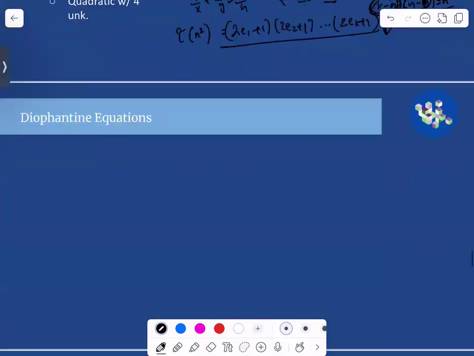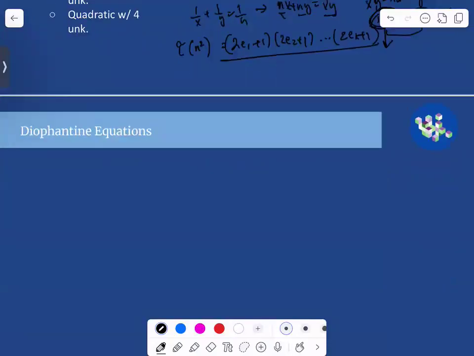And another thing is that if you have a linear equation with two unknowns, that's a Diophantine equation. So like ax plus by is equal to c. Then it has integer solutions if and only if the GCD of a and b divides c.